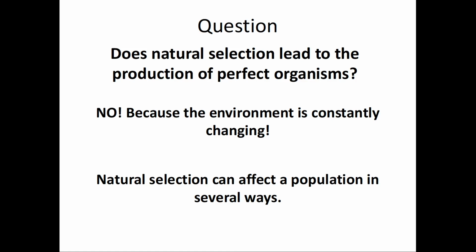But in reality, the environment is also changing constantly. You don't just have one organism evolving at any given time. You have multiple organisms. The things that they're preying upon are evolving to evade them. The plants that they're eating are evolving to be eaten less.